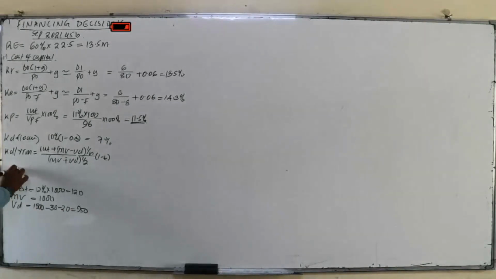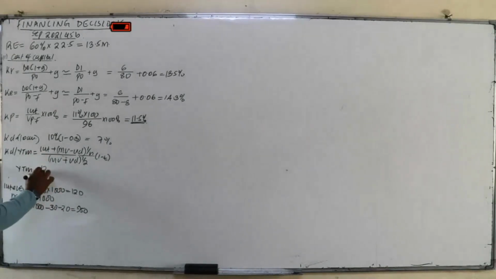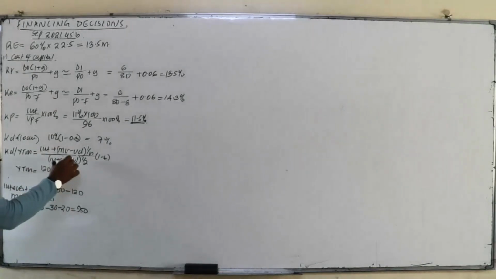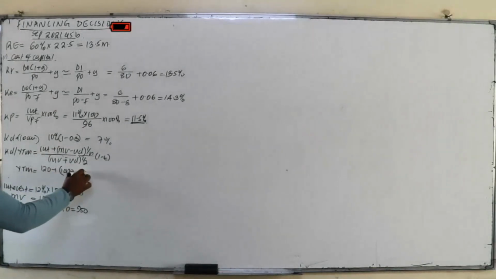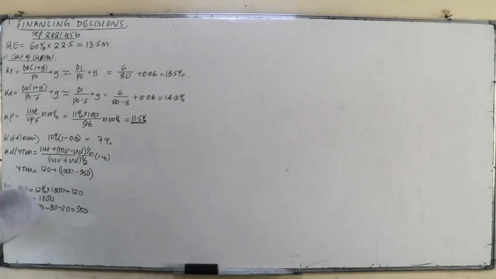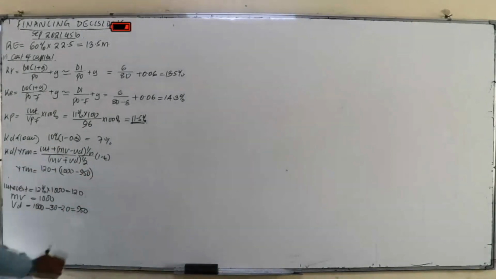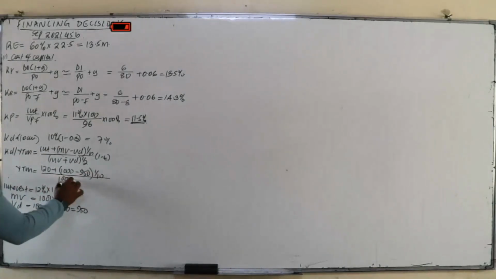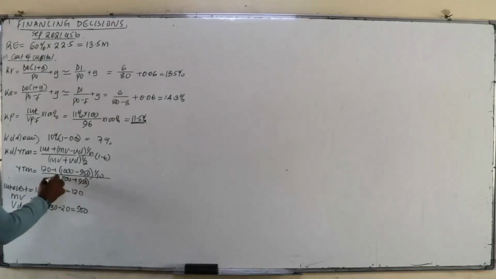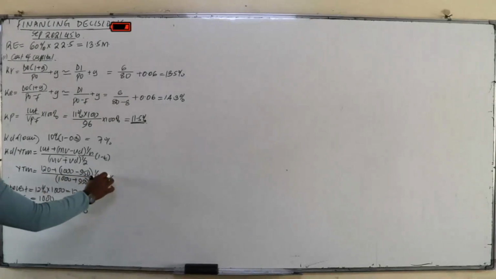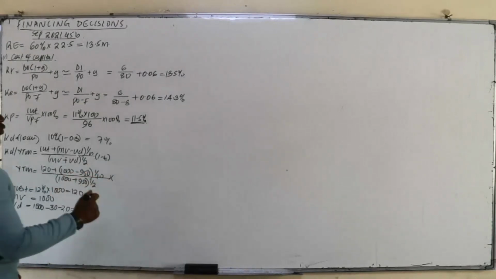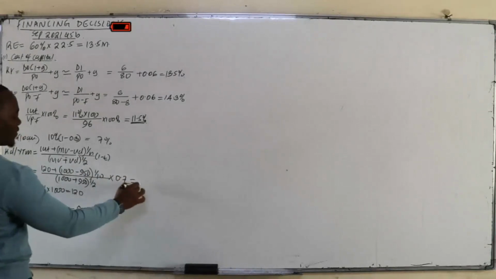So therefore, to get the yield to maturity, you take the interest, which is 120, plus the maturity value of 1,000 minus the value of the debt, 950, times 1 over n. The maturity period is 10 years, so it's 1 over 10. You divide by 1,000 plus 950, then you get the average. Then you multiply by 1 minus T. The tax rate was 30%, so 1 minus 0.3 gives 0.7.